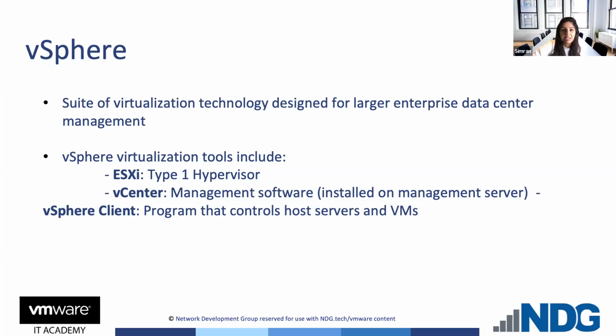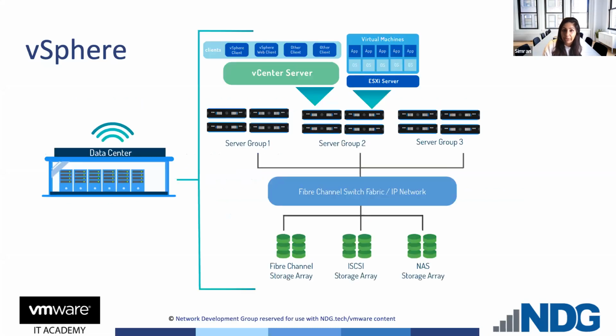It was the market leader, and it's what really gave VMware that name. It's what made us the market leader. vSphere is what really made the virtual data center possible, and there's a reason why it's the market leader in virtualization platforms.